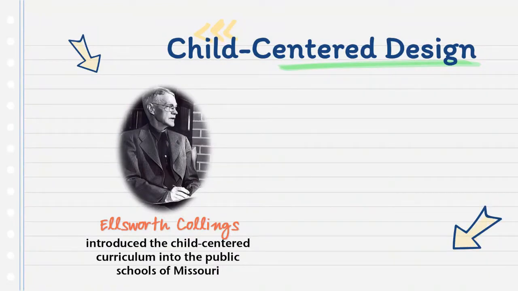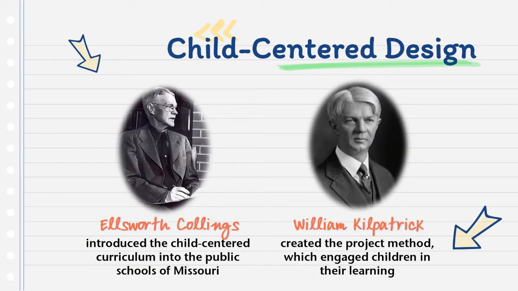Child-centered curriculum design flourished in the 1920s and 1930s through the work of progressivists such as Ellsworth Collins, who introduced the child-centered curriculum into the public schools of Missouri, and William Kilpatrick, who created the project method, which engaged children in their learning at Lincoln School in New York City.